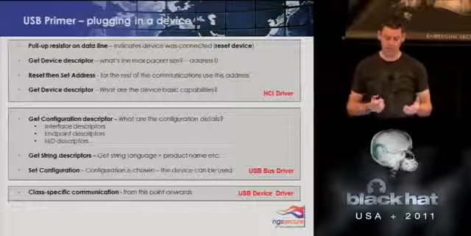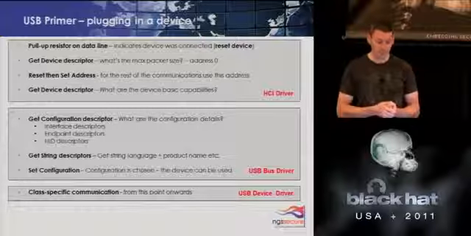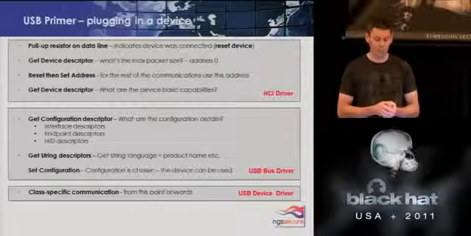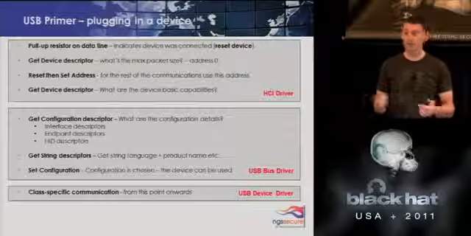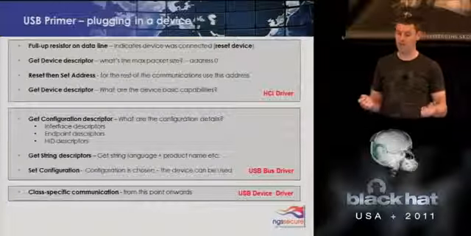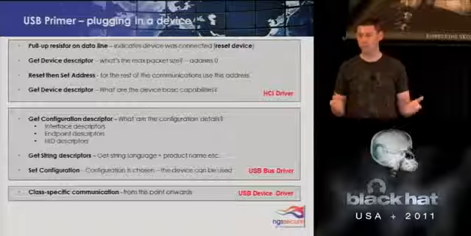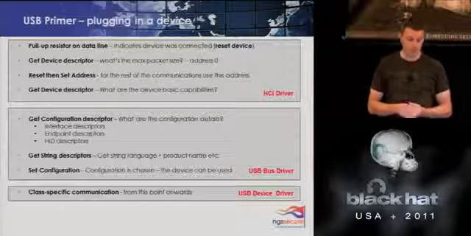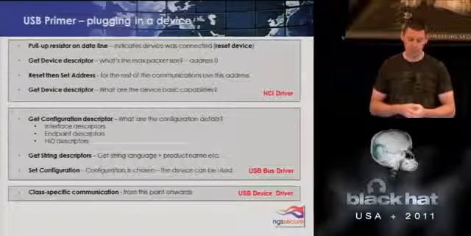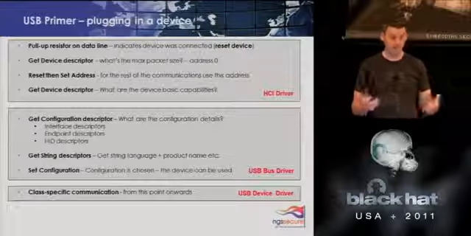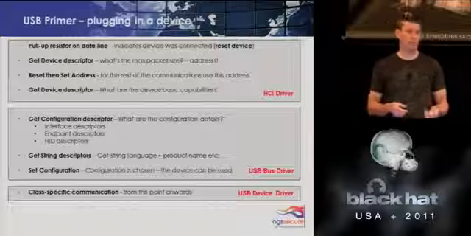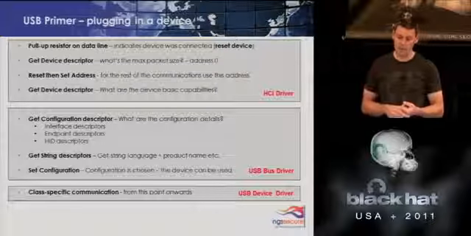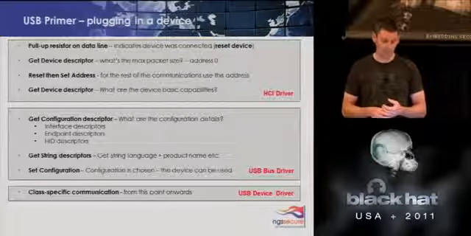So it requests the device descriptor and asks for the maximum packet size that can be used within USB, using address 0, a special address that applies at setup time. It then resets the device so that it's in a known state, and allocates an address somewhere between 1 and 127 for the device so that it can be used.